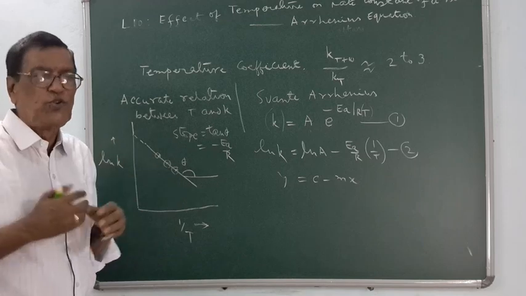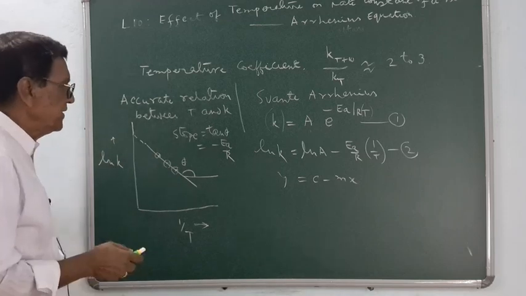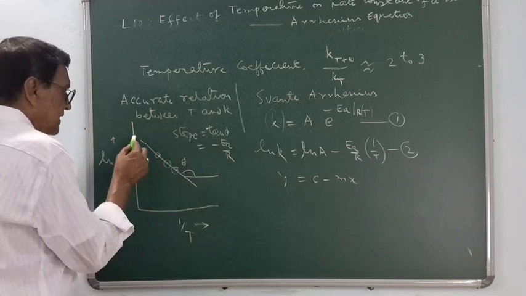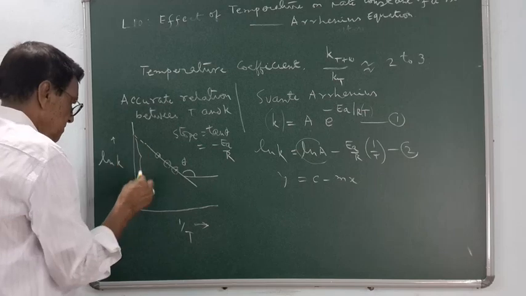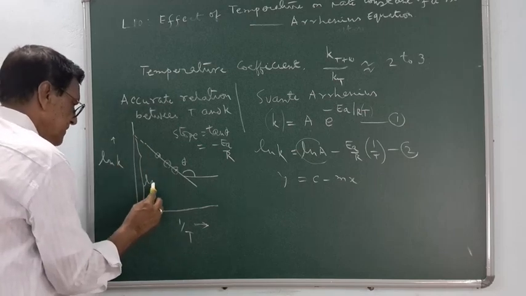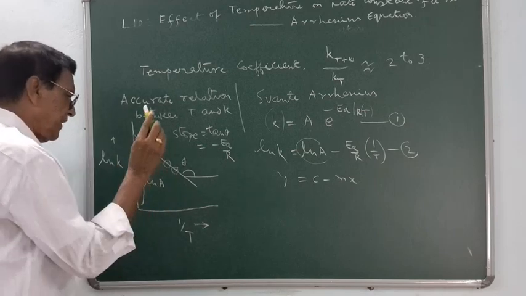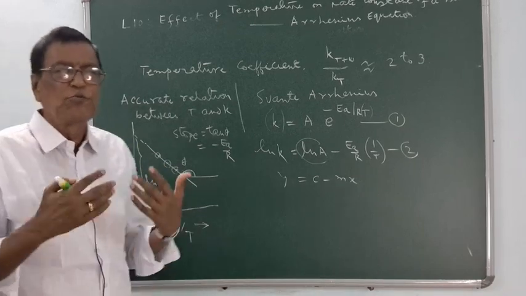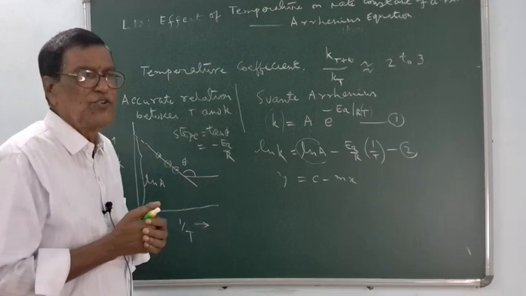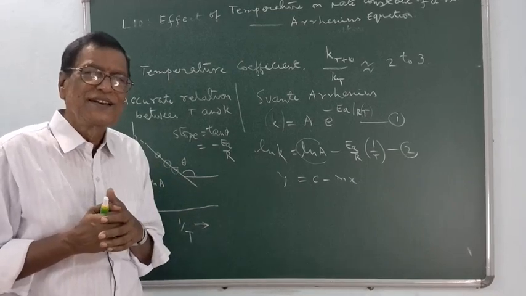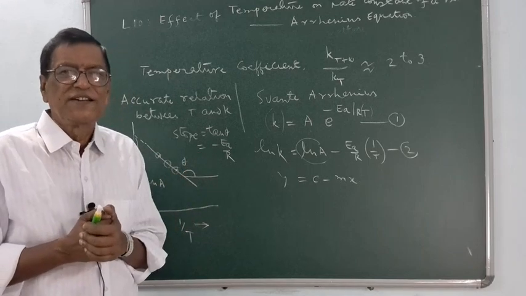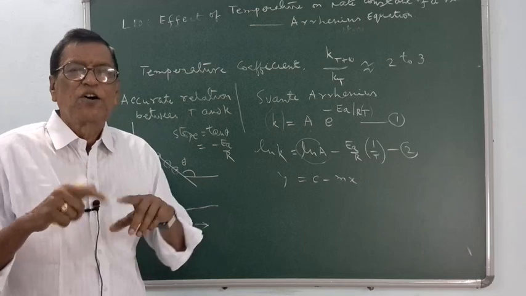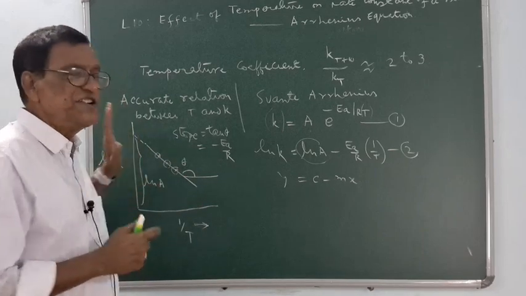We can also determine the intercept, and the intercept is ln A, from which we also calculate the frequency factor or Arrhenius constant or pre-exponential term of this reaction.